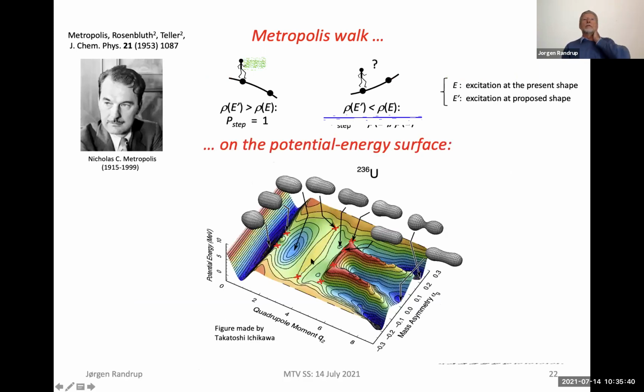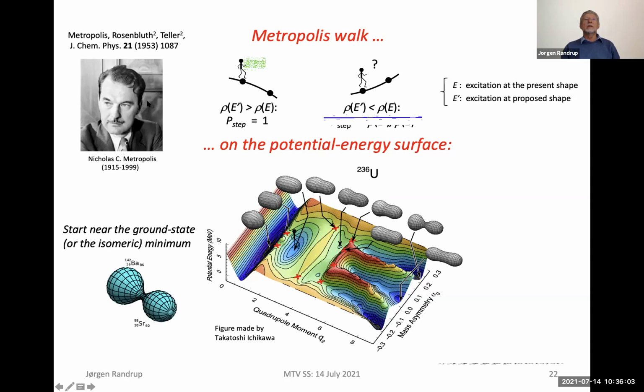Okay, here's a modern version of the potential energy. The secondary minimum is here, the asymmetric saddle is here, the valley is here, and so on. The shapes are indicated here. And you then go forward or not according to the level density, according to a prescription invented by Metropolis.